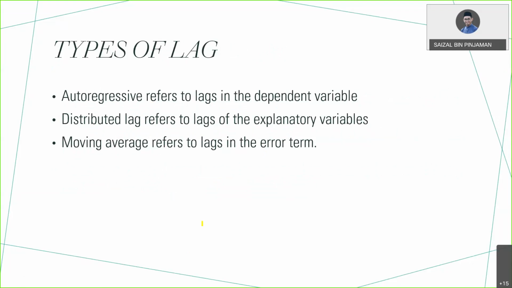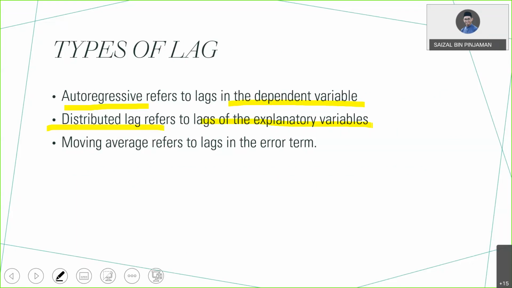And talking about lag, there are three types of lags in the model. First is the autoregressive lag, which refers to lags in the dependent variable. Another type of lag is called the distributed lag, which refers to lags of the explanatory variables.